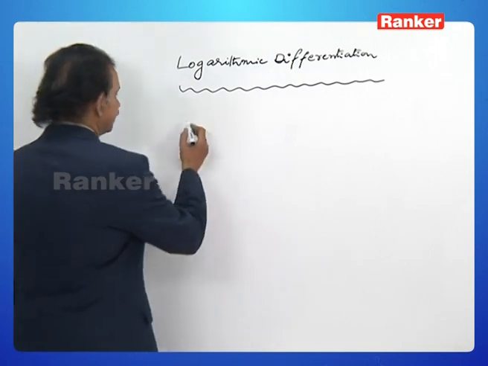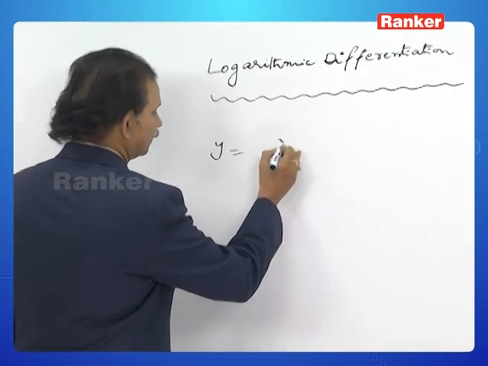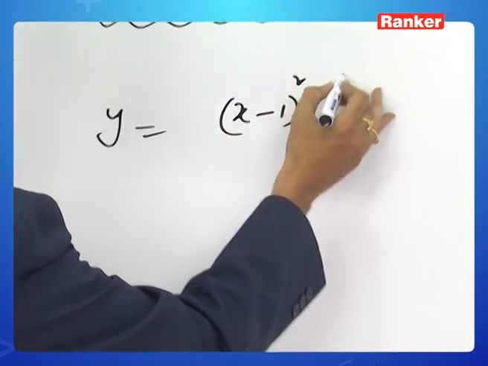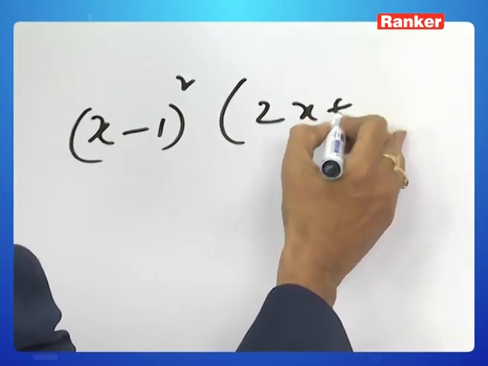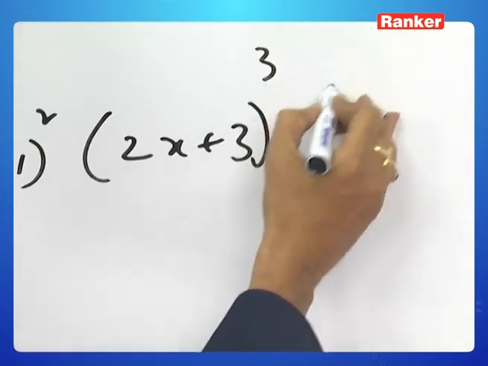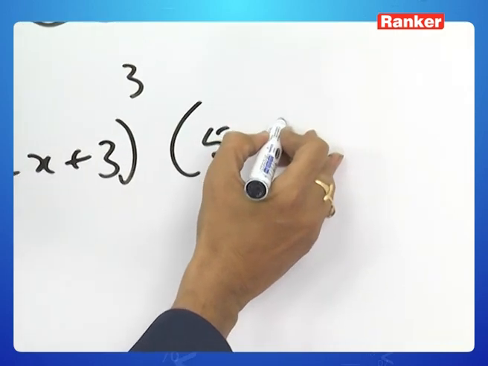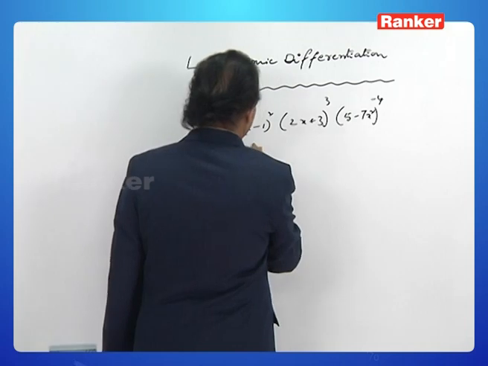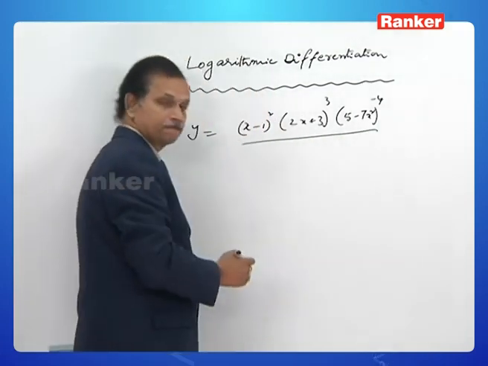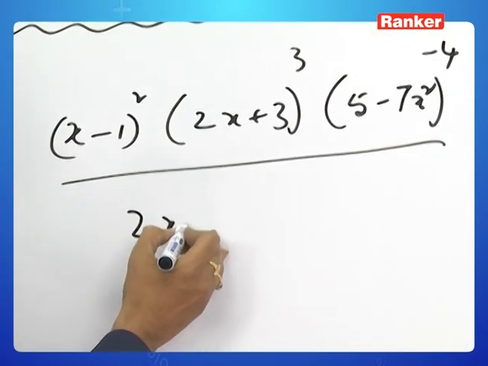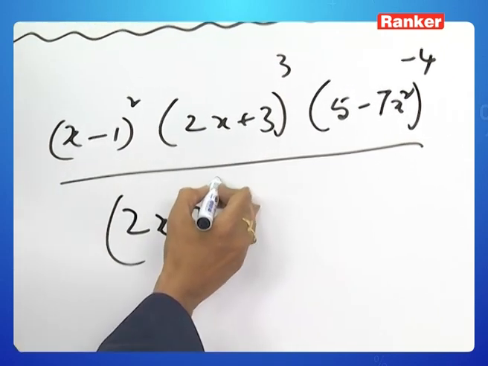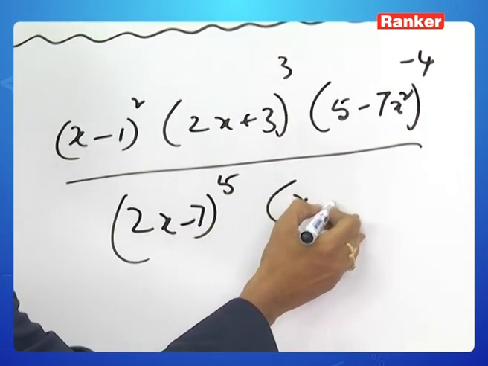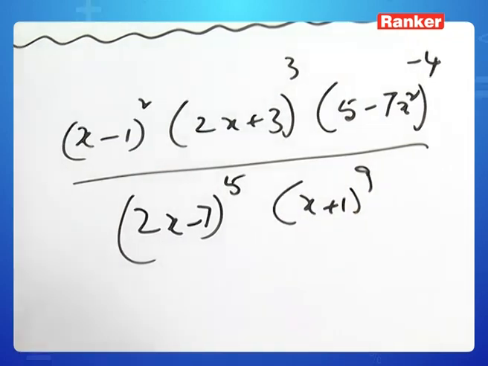As an example, you observe this: y is equal to x minus 1 whole square into 2x plus 3 whole cube into 5 minus 7x square whole to the power of minus 4, by 2x minus 7 whole to the power of 5 into x plus 1 whole to the power of 9.